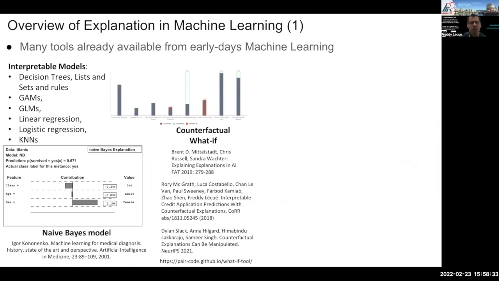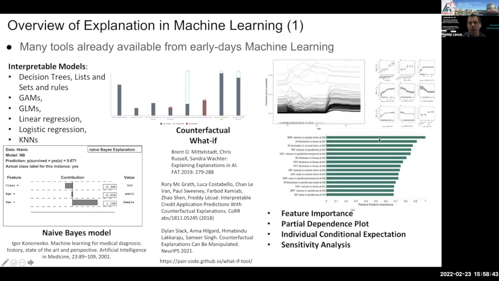That's something you can start with. Counterfactual is also a technique that has been used. And then you have the usual suspects, as I mentioned: feature importance, partial dependence plots, individual conditional expectations. So you should go towards this list.